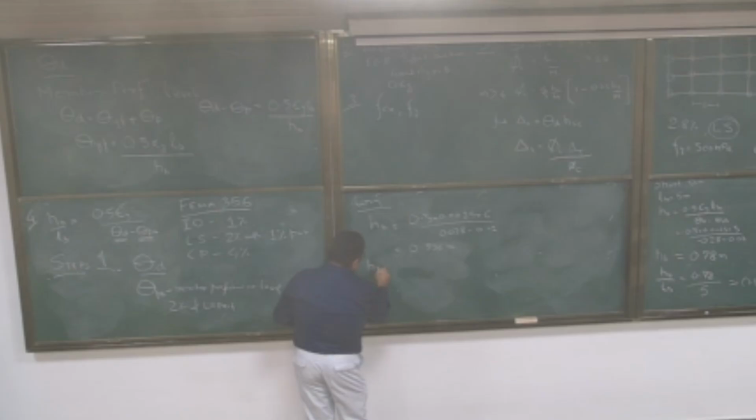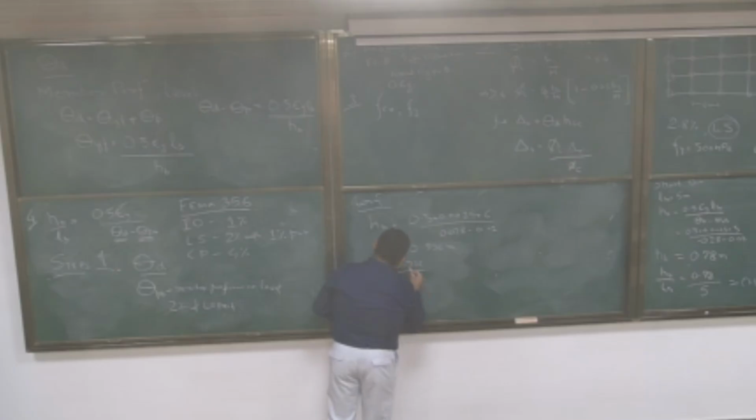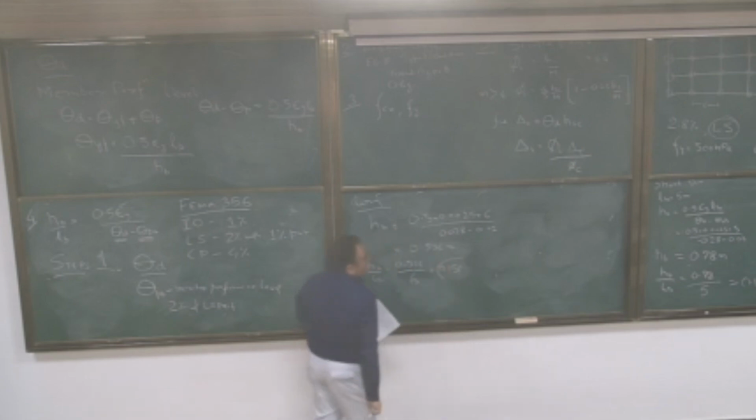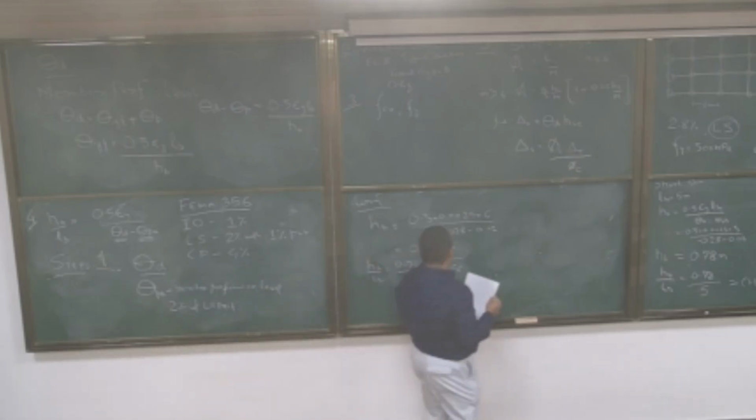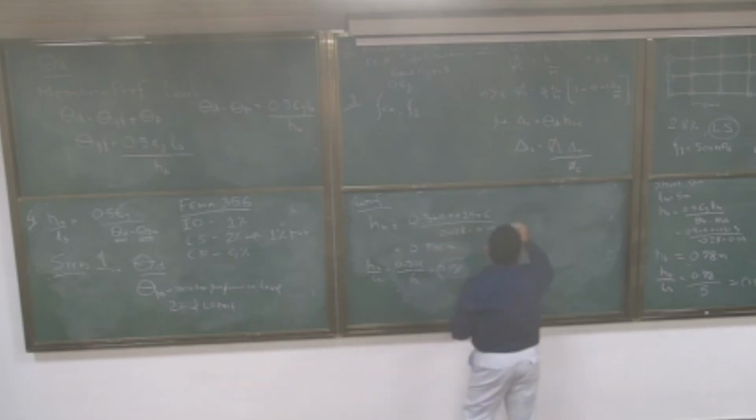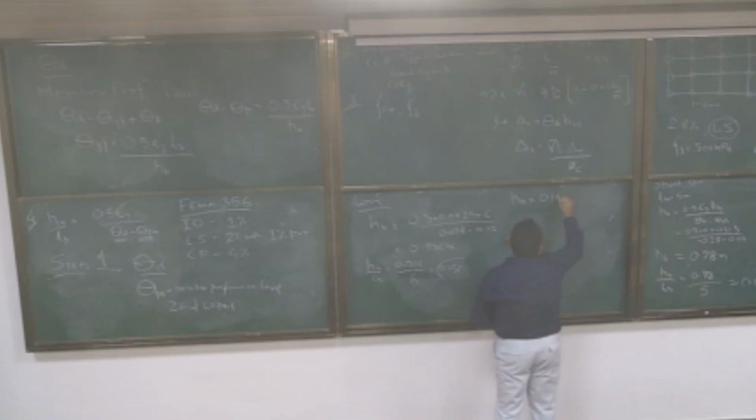So the HB over LB ratio becomes 0.936 divided by 6, which is 0.156. Again, this does not work because we are capped at 0.14. So our HB over LB is 0.14, so our HB would be 0.14 times LB, which is 0.84 meters.